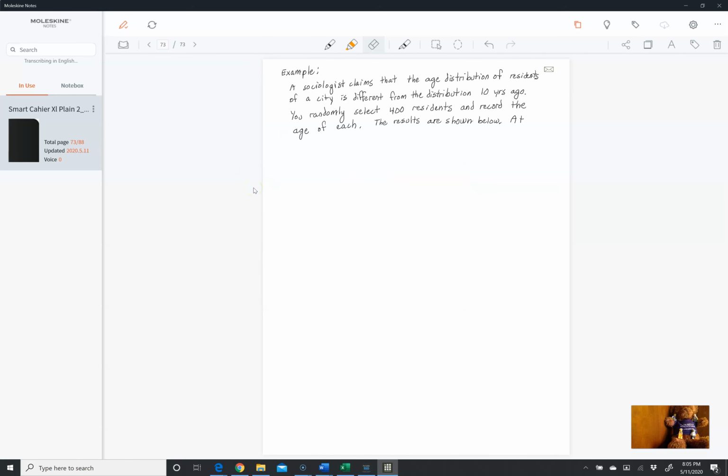So at alpha equals 0.05, we're going to test whether the distribution has changed. So keep in mind what that means here. This means that the expected distribution is the distribution from 10 years ago.